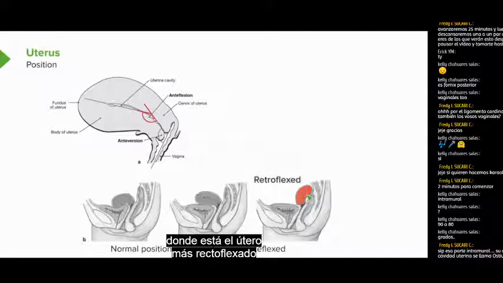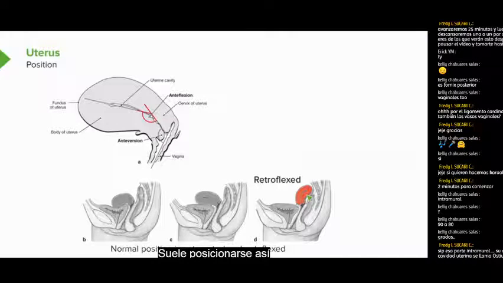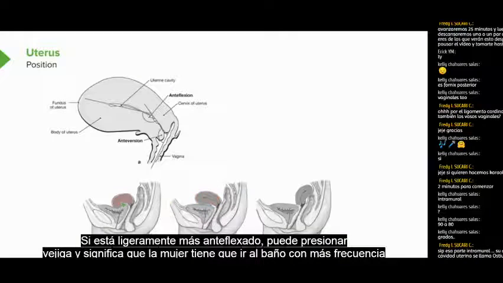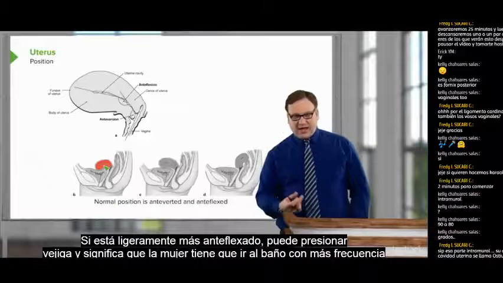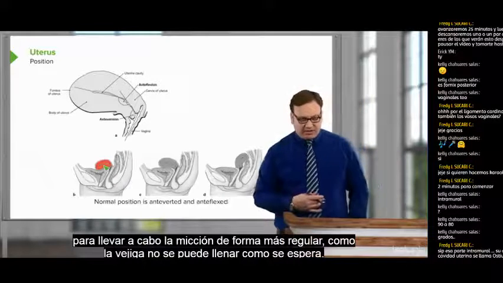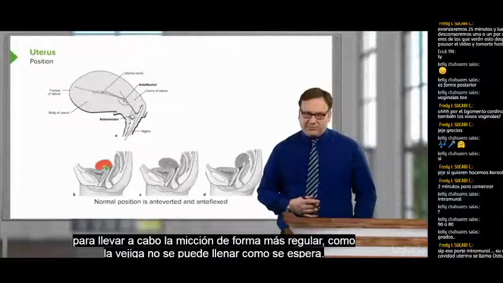Now this has important considerations, the position of the uterus. It usually positions like this, and it can rest on the top of the bladder. If it's slightly more anteflexed, it can press on the bladder and mean the lady has to go to the toilet more often to carry out micturition on a more regular basis, as the bladder can't fill to what it's expected to.